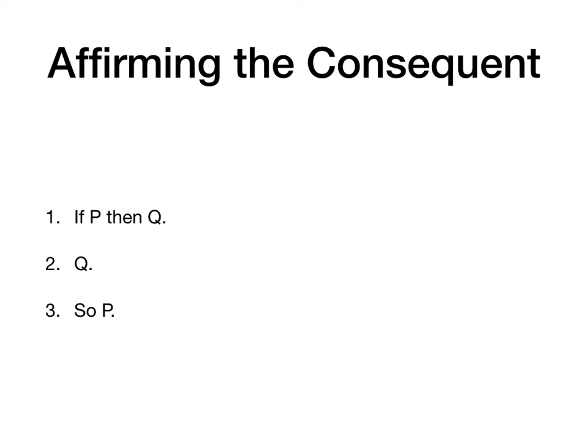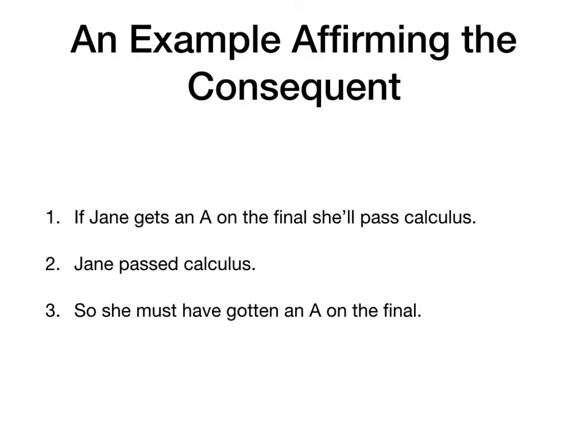The argument never says that P is the only way to get Q, right? So you don't know from the fact that you have Q that you necessarily have P, because there might be other ways to get it besides having P, right? Again, super abstract, but some examples.